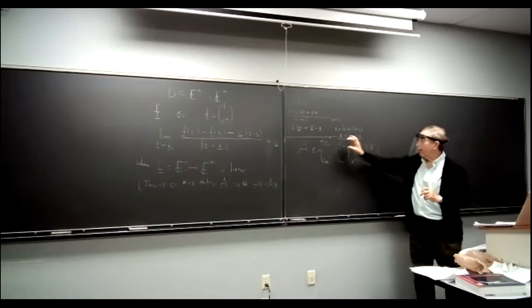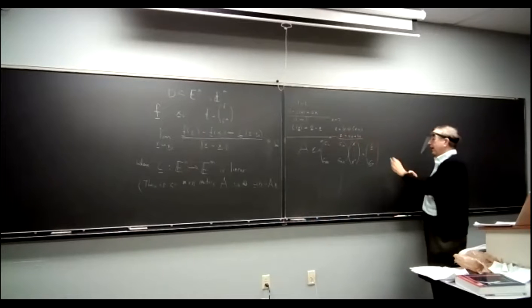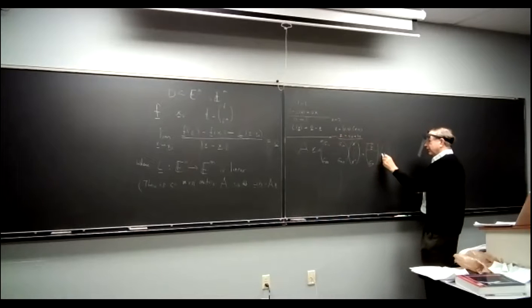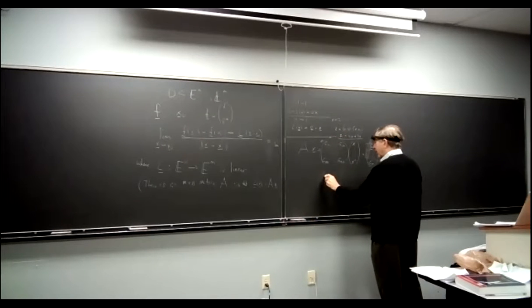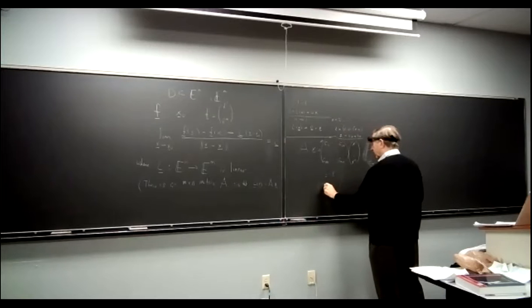But if I call the first row by this name, the multiplication of the first row times this is a dot product. And the second row would be the second one, and so on, and the mth row would be the mth thing.